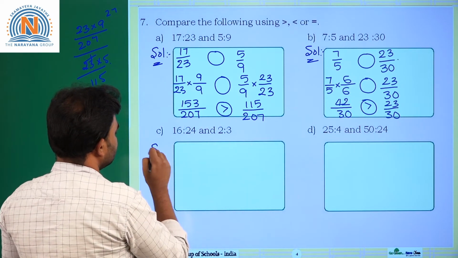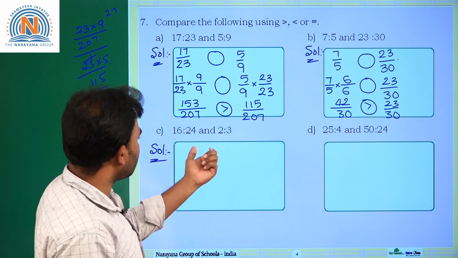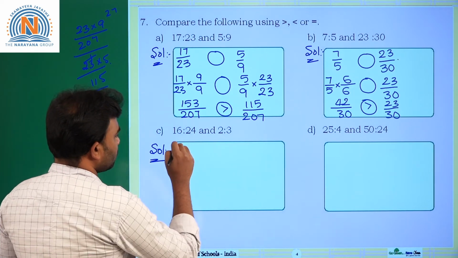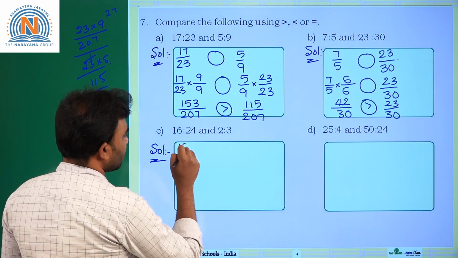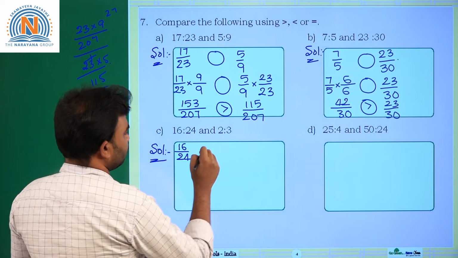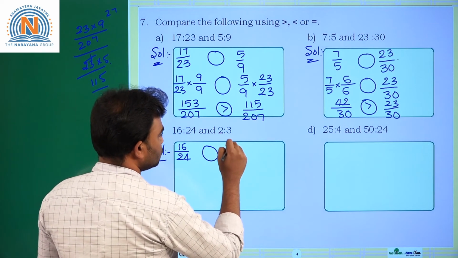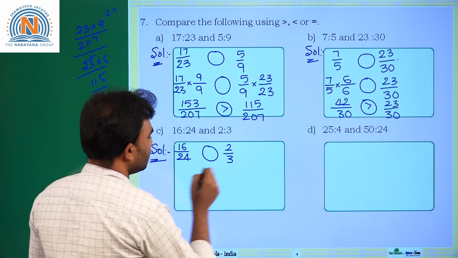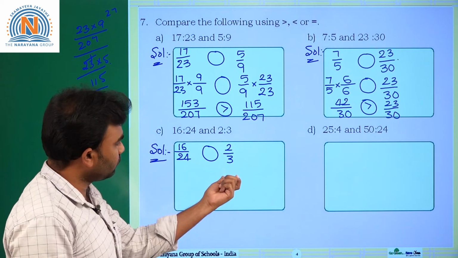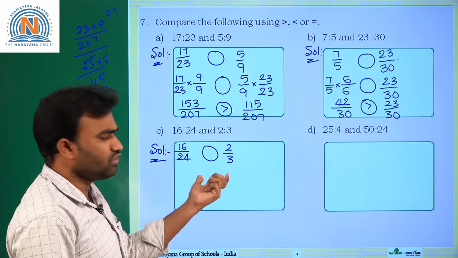Next one, C solution. 16 is to 24 and 2 is to 3. Now take the problem. 16 is to 24 can be written as 16 by 24 in fraction form, and 2 is to 3 can be written as 2 by 3 in fraction form. The LCM of 24 and 3. Why am I finding the LCM of 24 and 3?